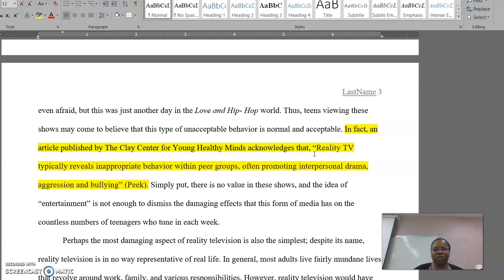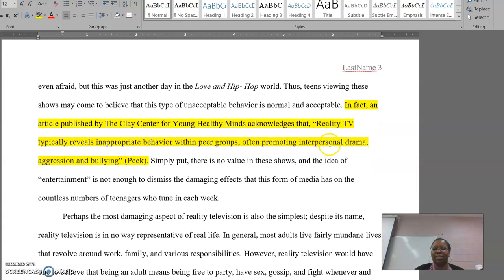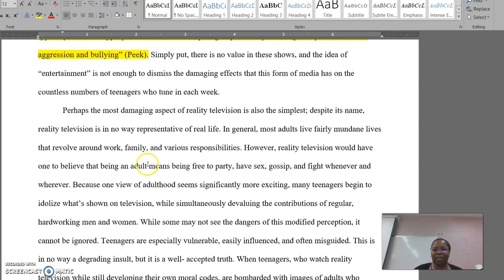So all of that is introduced in the quote. And then the quote says, reality TV typically reveals inappropriate behavior within peer groups, often promoting interpersonal drama, aggression, and bullying. And the person who wrote that, her last name or his last name is Peak. And so in parentheses, after the quoted material, we want to put the word Peak. There's no page number, so you don't need to include a page number.